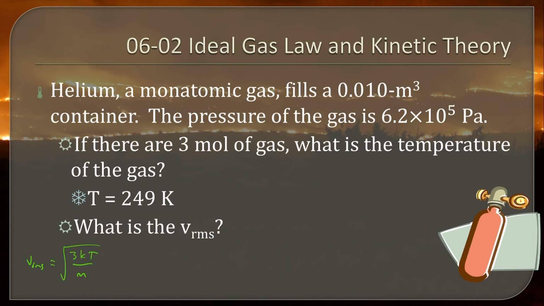I know the 3, the k, the T, but I don't know the m. The m is the mass of one helium atom. To figure that out, I could say n equals m over the molar mass, n being the number of moles, but that's also the number of atoms over Avogadro's number.